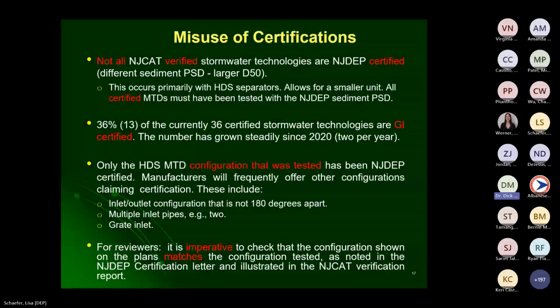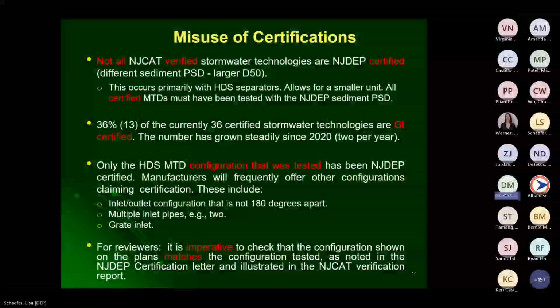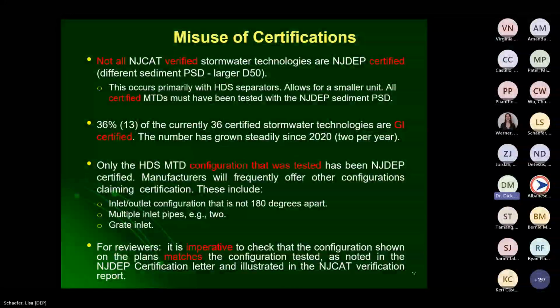So for reviewers, it's imperative to check the configuration shown on the plans matches the configuration tested, as noted in the certification letter and verification report. So if there's any one slide I'd want you to take away, this is the slide I'd like you to take away if you can do your job. Okay, next slide.